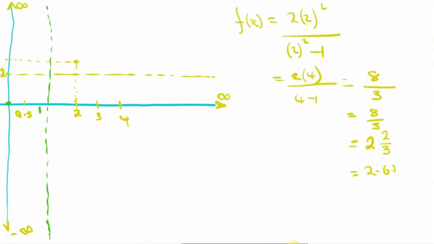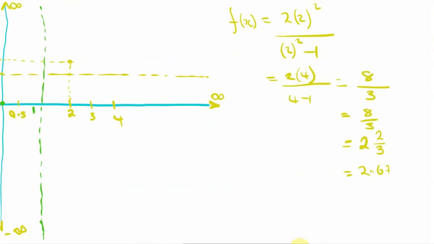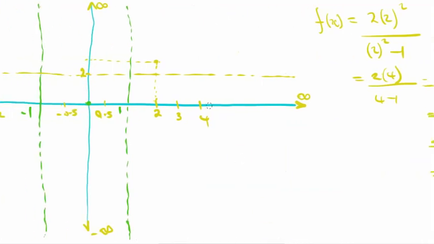Let's look at another point. Obviously 3 will be somewhere there. That's why at 1 it goes all the way to infinity.